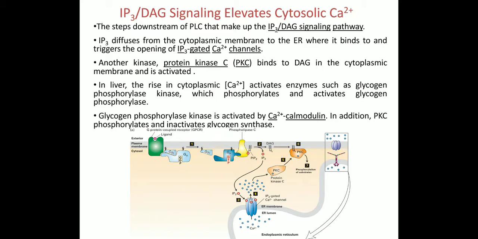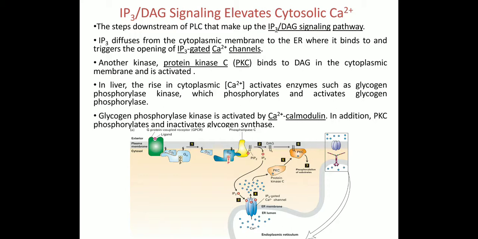One of various cellular responses induced by a rise in the cytosolic calcium is recruitment of protein kinase C to the plasma membrane, where it is activated by DAG. The activated kinase can phosphorylate various cellular enzymes and receptors, thereby altering their activity.